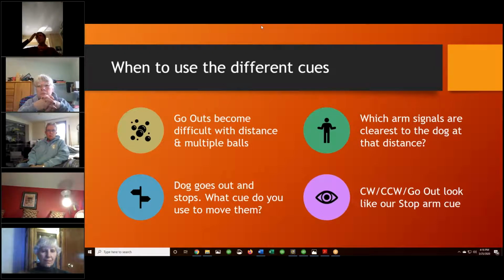What I see happen is we use some arm signals we think are very clear when the dog's in close, and then when the dog gets out at some serious distance, our arm signals, well, we tend to become those dancers in the box. I see a whole lot of it. And when I say I see a lot of it, I mean in my videos too. I have to go back and go, oh Lord, no wonder my dog was messed up.